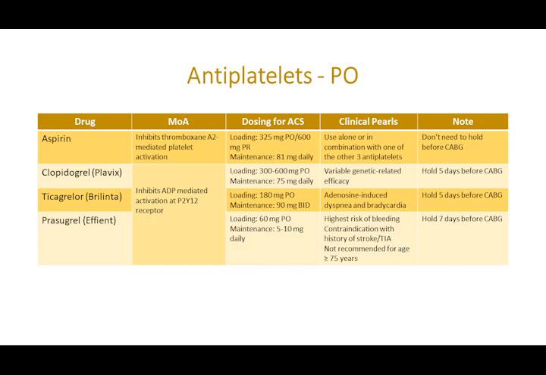It is one of those medications that can be affected by genetic variables, so in certain patient populations it's actually not the best agent due to increased metabolism. And if we need to hold Plavix before a CABG, it's usually held for 5 days.